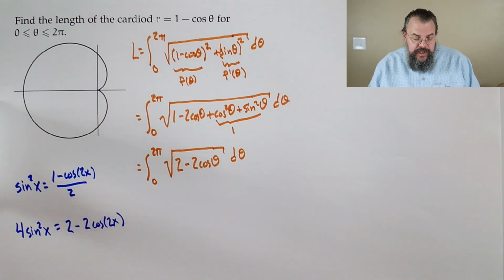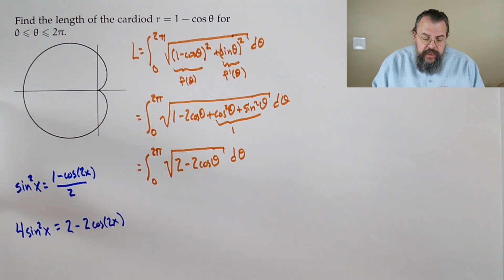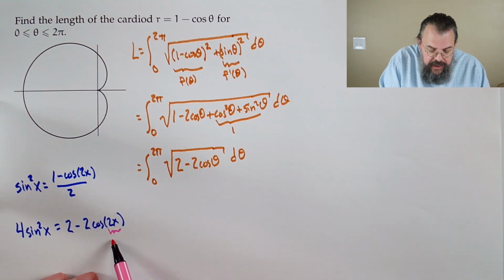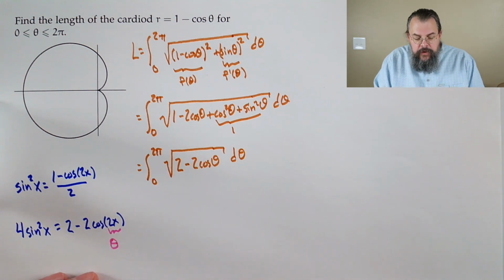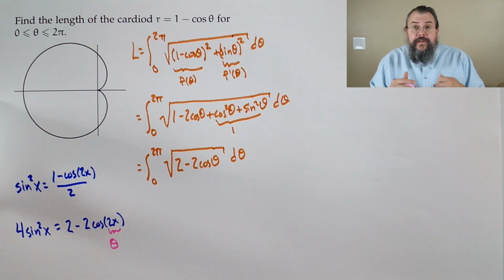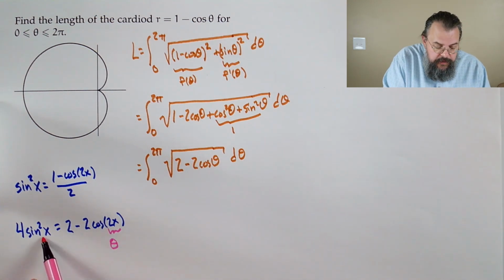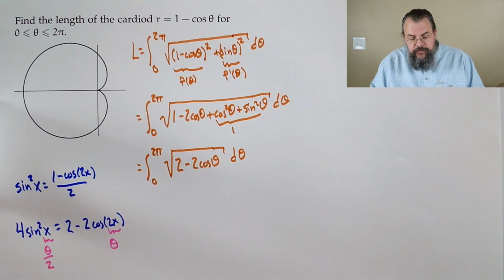Okay, well, what's the key? The key here is that we're thinking of our 2x as being theta. That says x is half of theta, so this x would be theta over 2. All right, great.